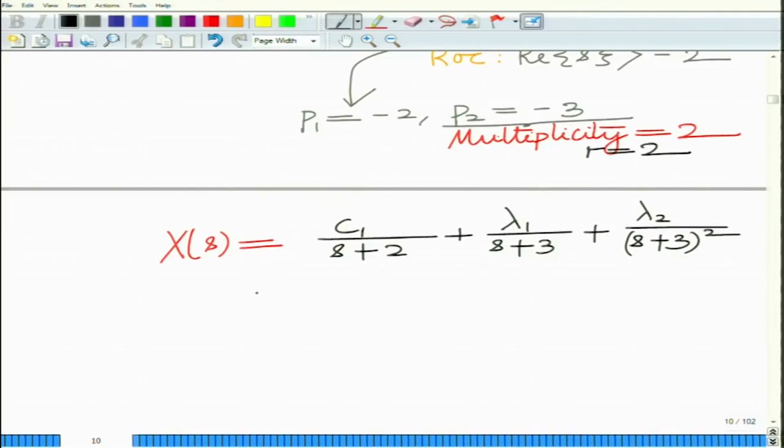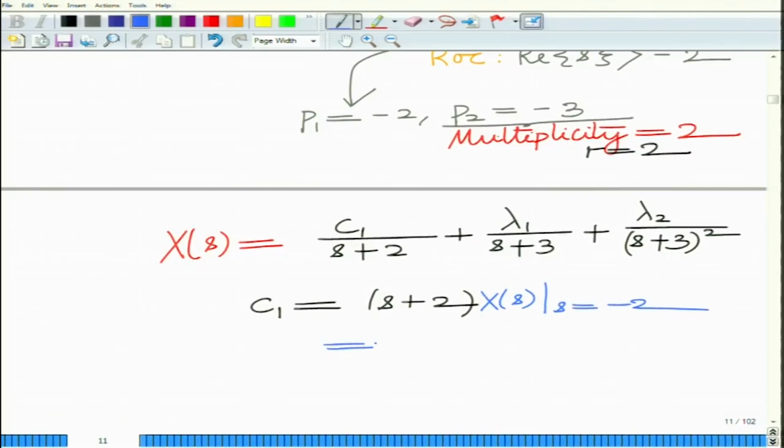Now, the constant C1 corresponding to s plus 2 in the partial fraction expansion can be found as seen before in the usual way, that is, (s plus 2) times X(s) evaluated at the pole s equal to minus 2.